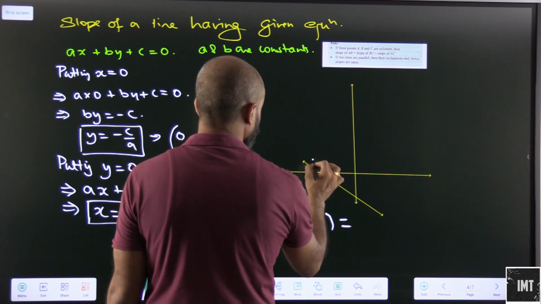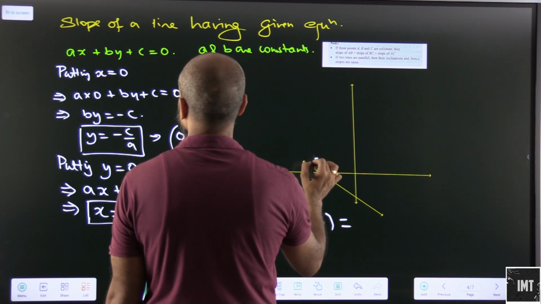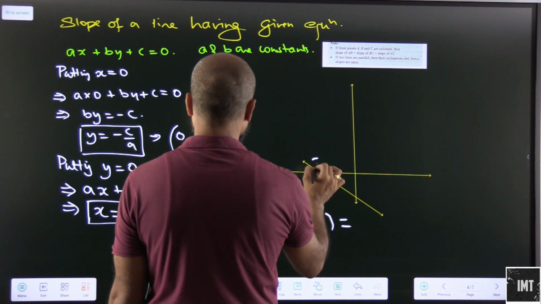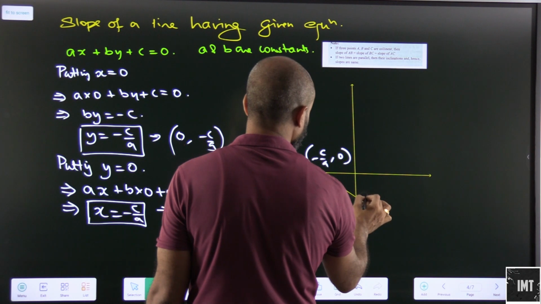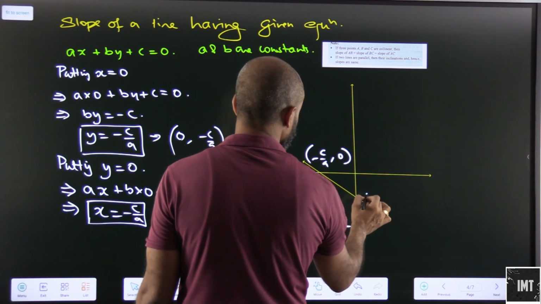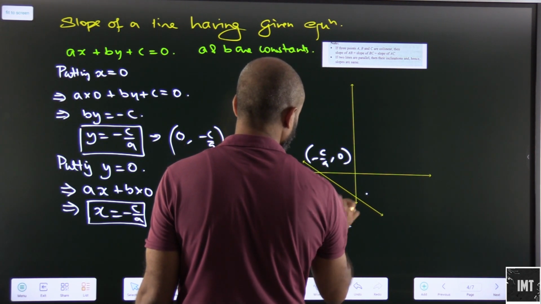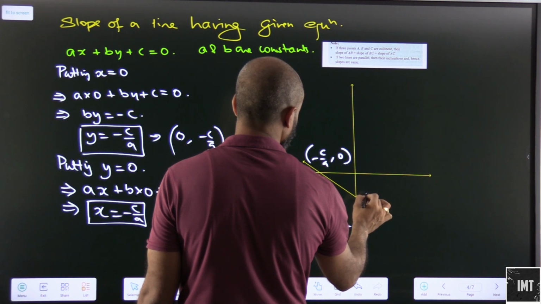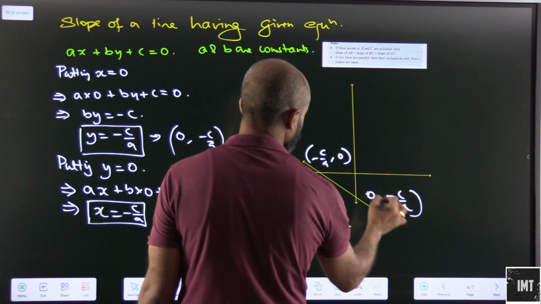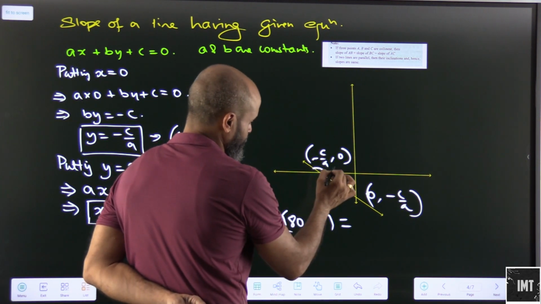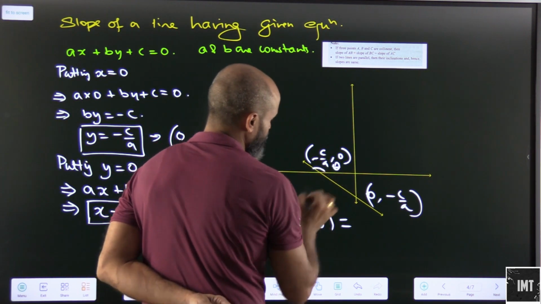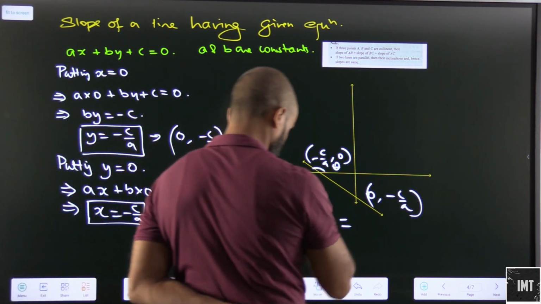Okay, so this will be minus c by a and 0, and this will be 0 and minus c by b. So this is basically the inclination theta with the positive direction of the x-axis that we have to find out.